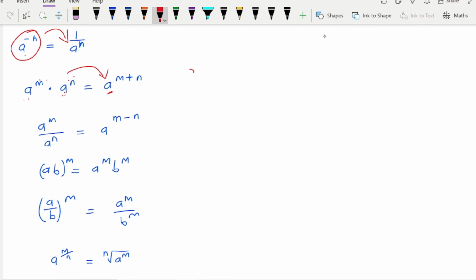For example, say we have x to the power 3 times x to the power 4. Just take the same base, which is x, and then you add the exponents, which is going to give you 7.